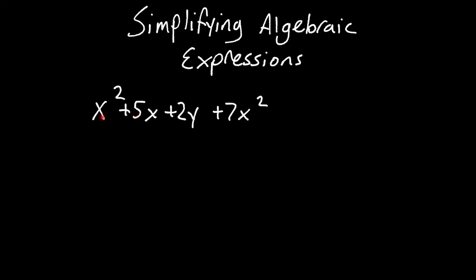So if we look at what we have here, I have an x squared, an x, a y, and an x squared. I'm going to underline common terms. So I'm going to underline the x squared, and I'm going to underline the 7x squared.